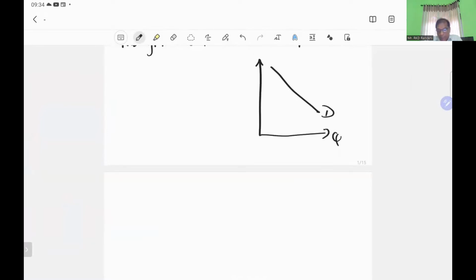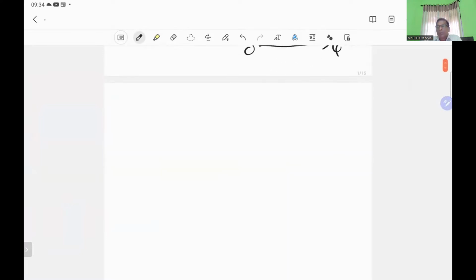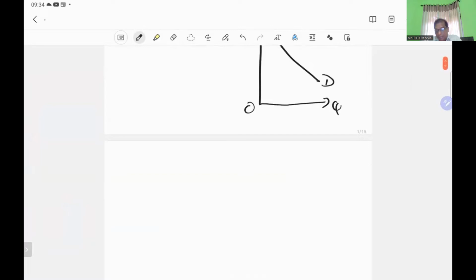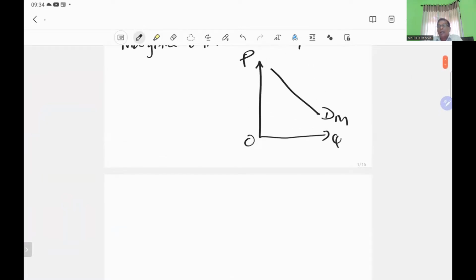Here, quantity and price, right? Now, this is the market demand curve. It goes left to right downwards. This market demand curve is derived by adding individual demand curves.